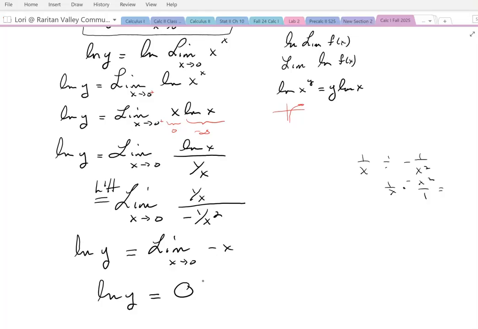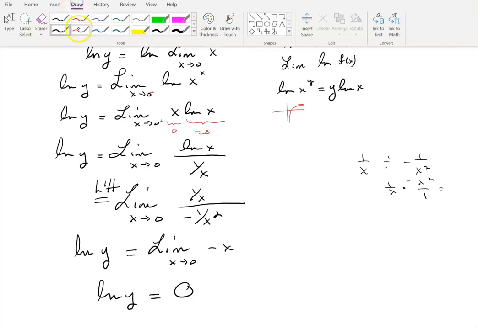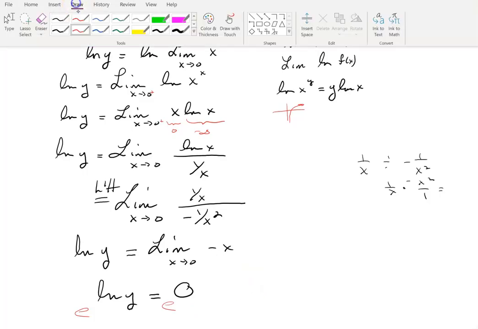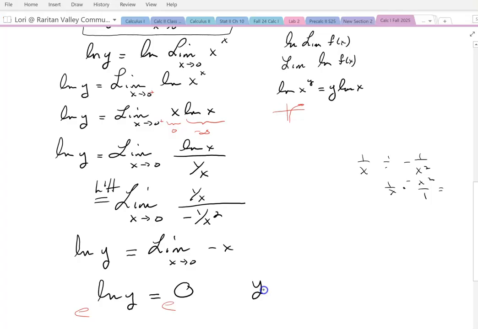You've got two options here. You can just get rid of the natural log and say that just means e to the 0 equals y, or you can raise e to each side, remember? Take e to that, and you get y equals 1. Okay? Either way, you're going to get y equals 1.